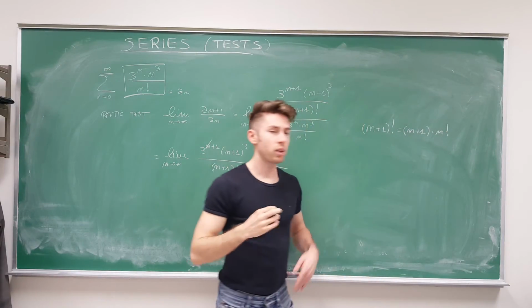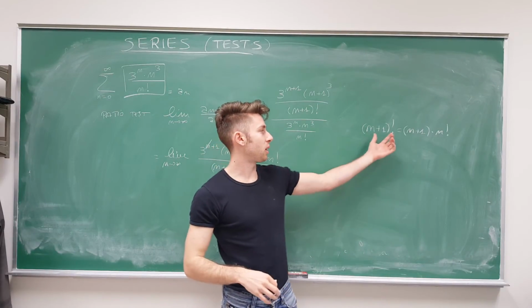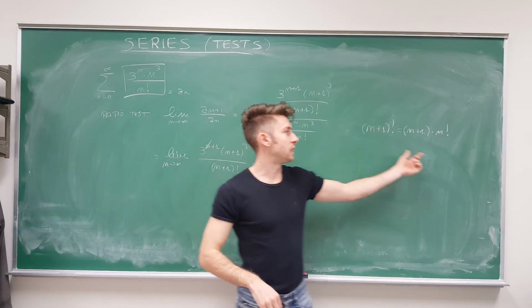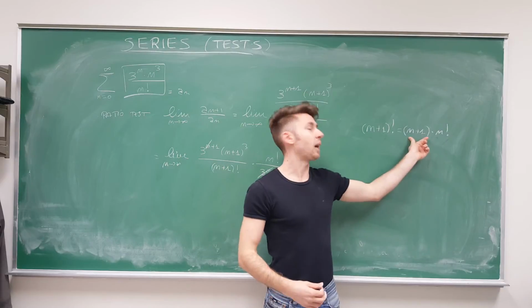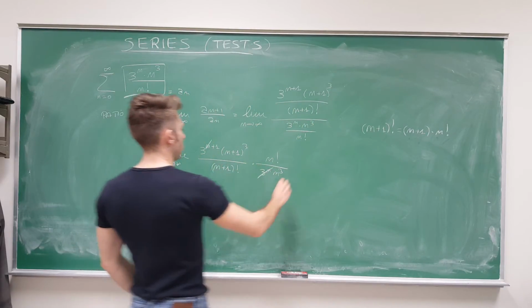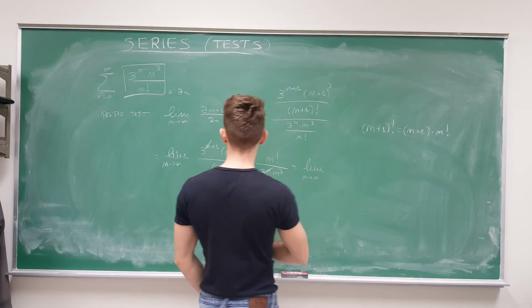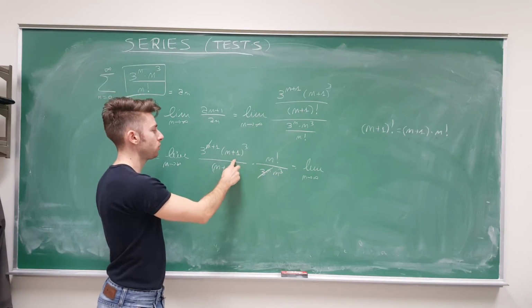n plus 1 factorial is the same as n plus 1 times n factorial. And this is simply because this is the product of all the first n plus 1 terms. So that's the same as the product of the first n terms, and then times n plus 1. So here, I'm going to group together these two.